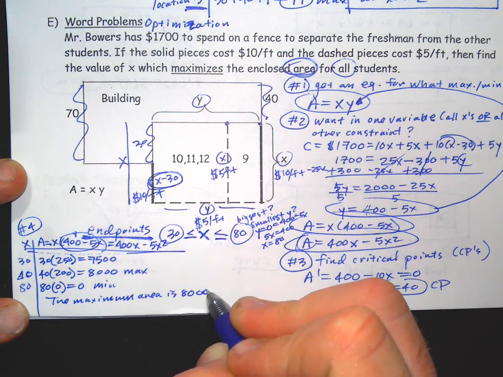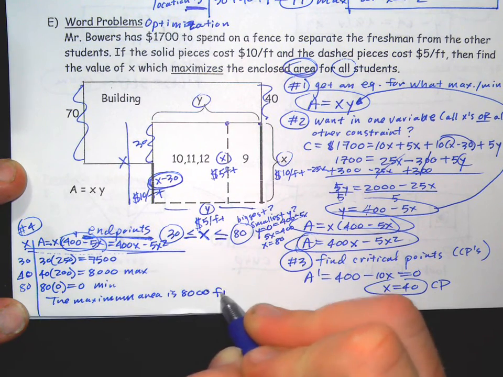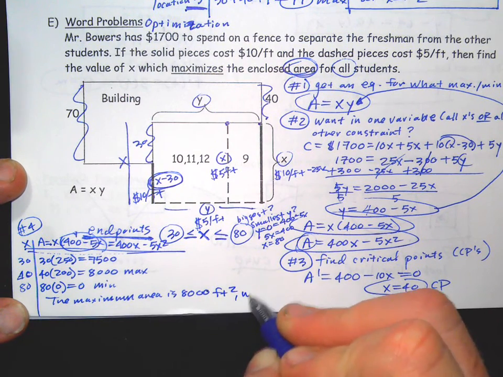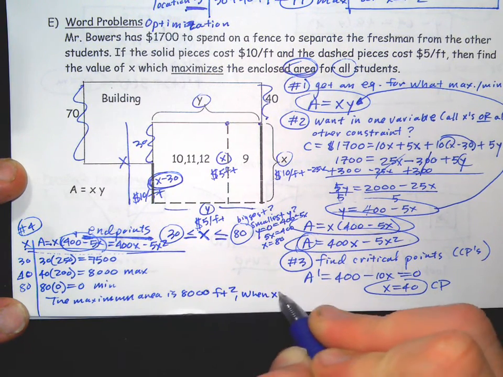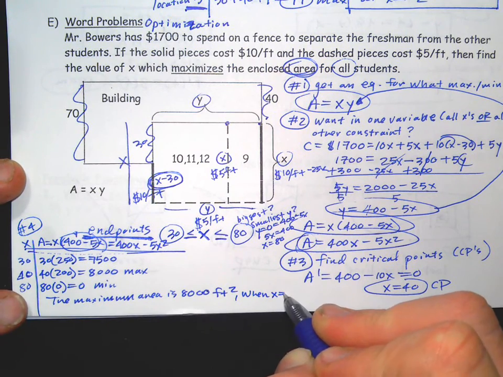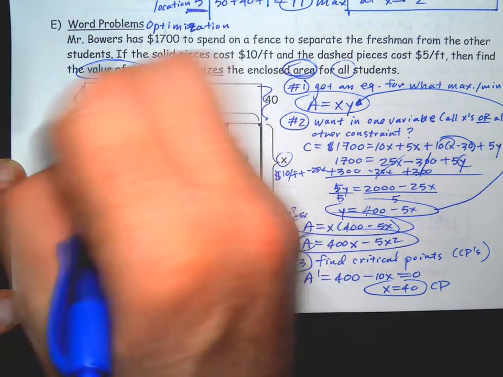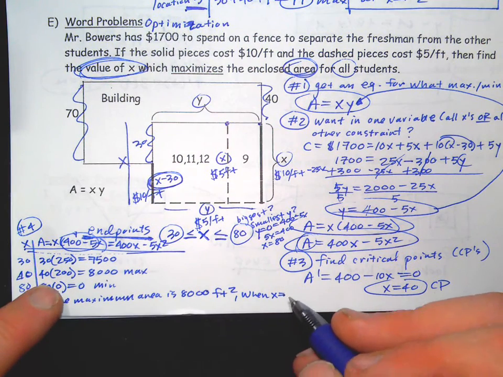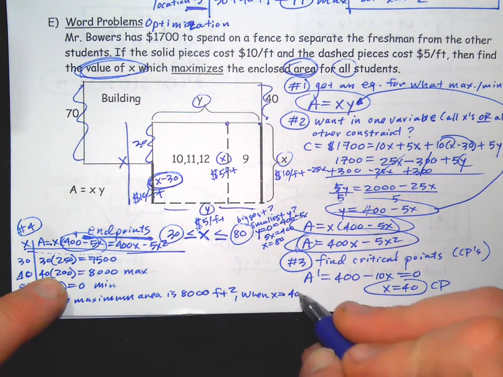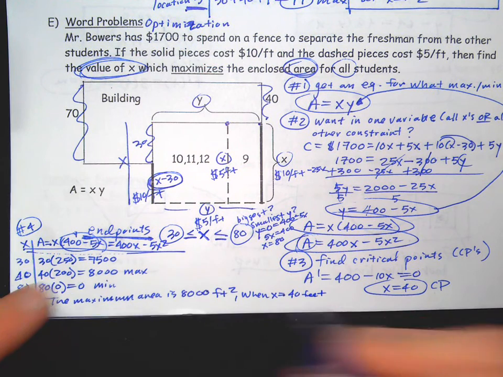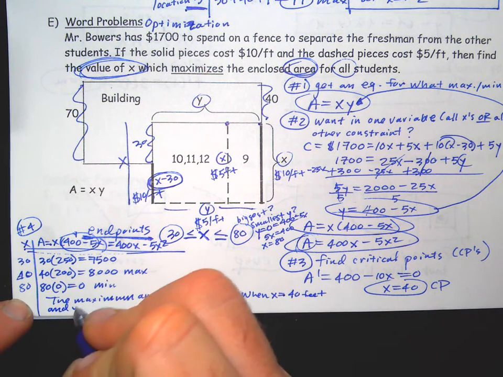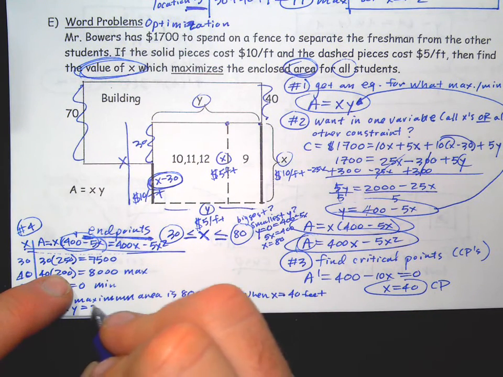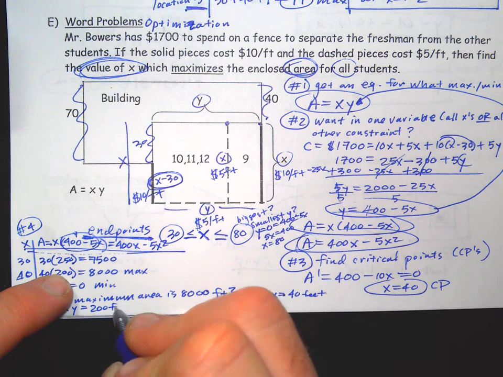Now there's units here, square feet, when x equals, now did they say x and y? They just asked for x, so I could just say x, but sometimes they say x and y. Now, when x equals 40 feet, and I'm going to go ahead and throw y in there just in case. That's the y value right there, 200. That's why I like that factored version.